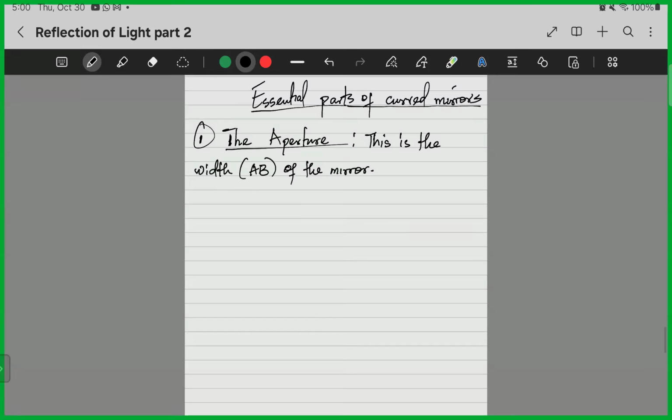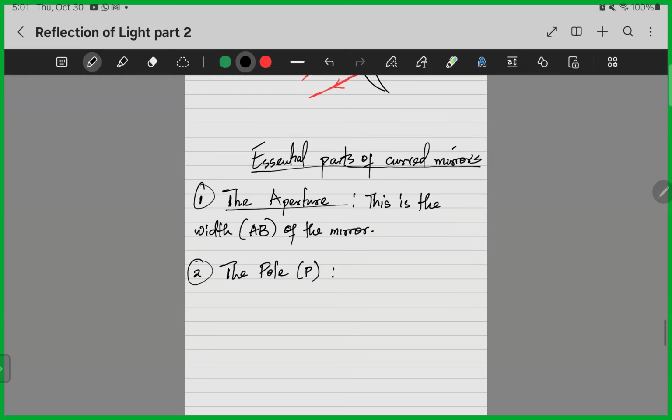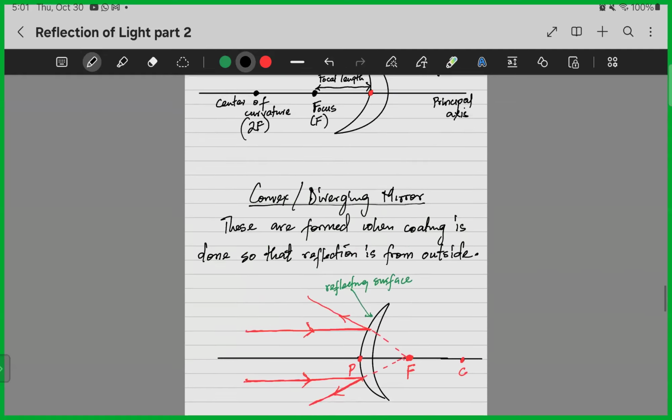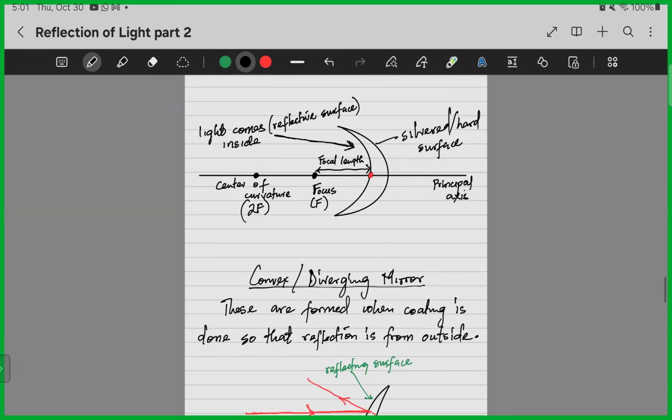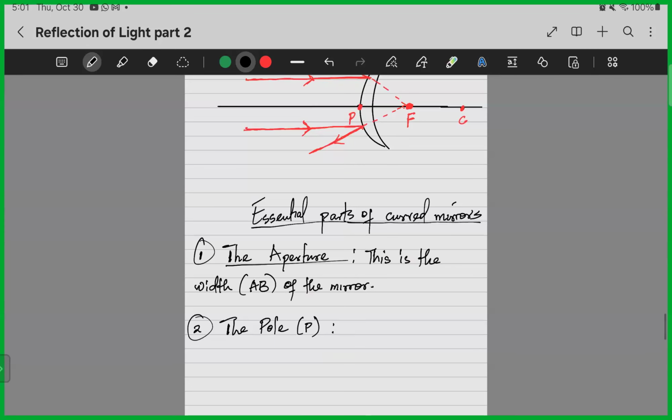You see that's a very short definition. Let me remove this AB.